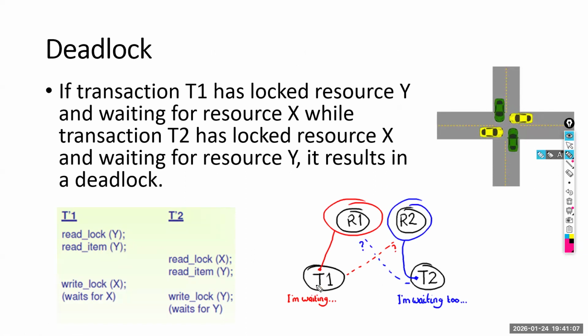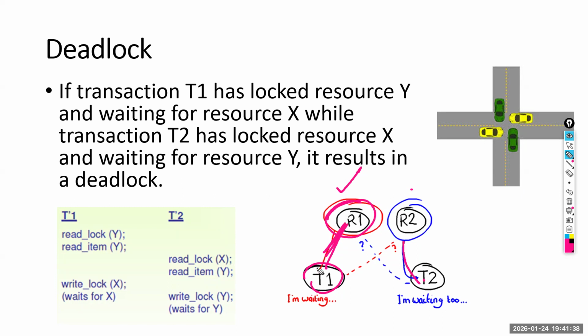A particular transaction has locked a particular resource and now it's waiting for another one, which is already locked by another transaction. So first, in order to do the first task, it has locked this. But now it needs to do the second task, but it is locked by the other transaction.